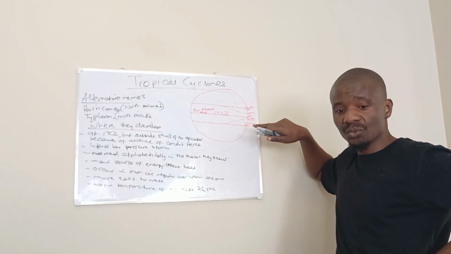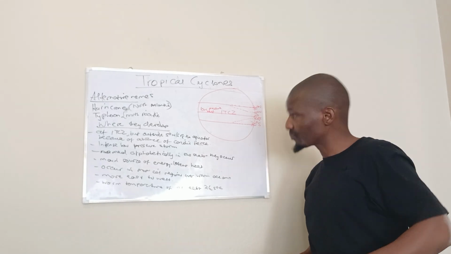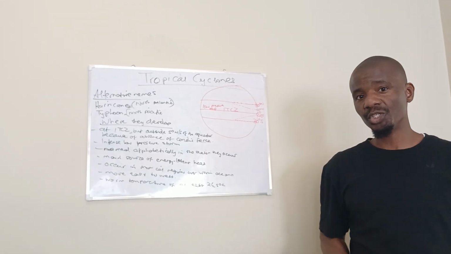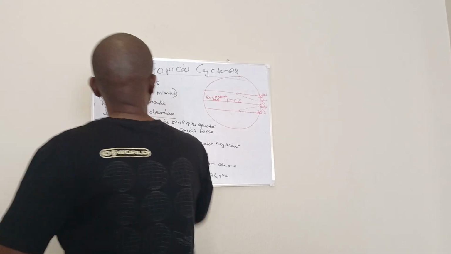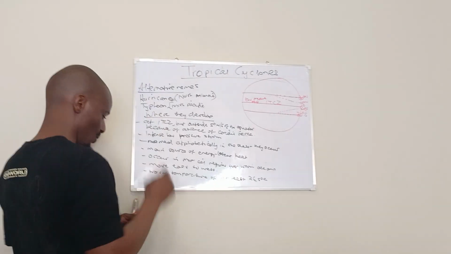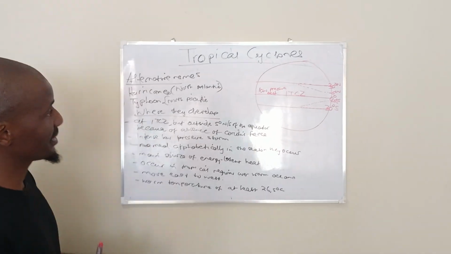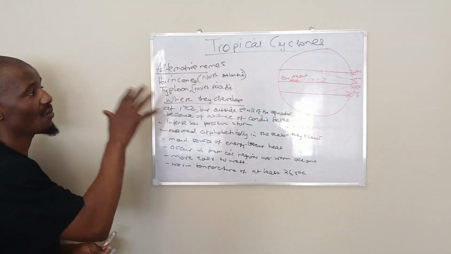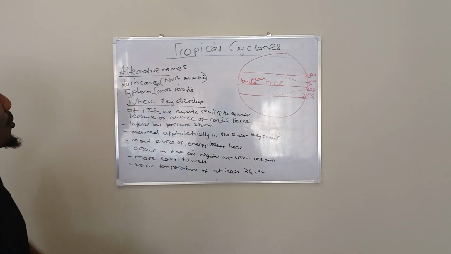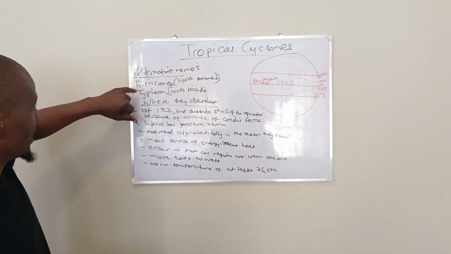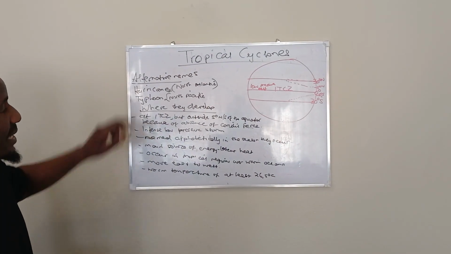So in order for you to have a better comprehension of tropical cyclones, the first thing that we need to do is to look at the alternative names. It's known as tropical cyclones because of where they originate from, but the first thing that we need to know is what are the alternative names that are also used for tropical cyclones. In the northern Atlantic, they are known as hurricanes.